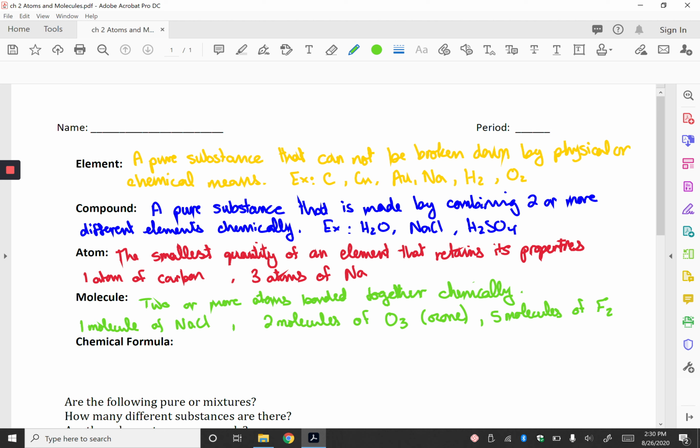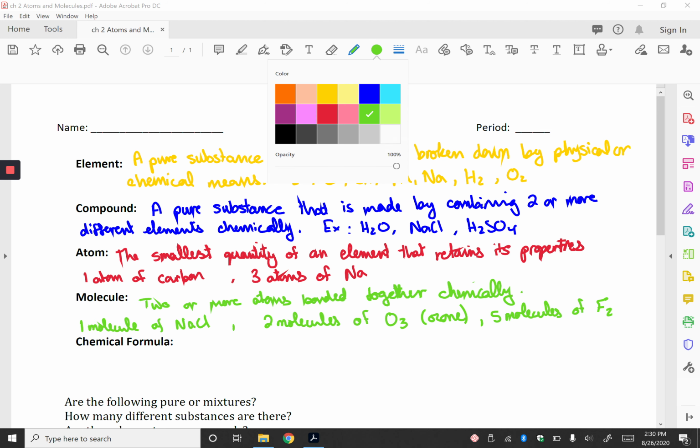A chemical formula is a formula that shows you the kinds of elements and the number of atoms in the smallest representative unit of a substance. Let's write that down.